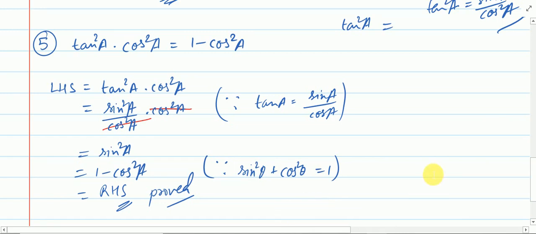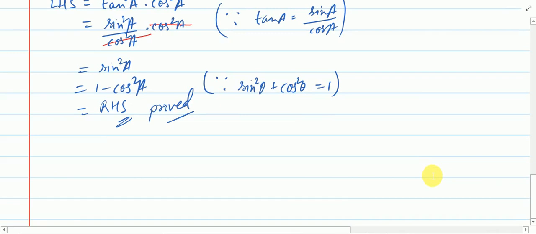Now let us see question number 6. Question number 6 is this: tan theta is equal to sin theta upon 1 minus sin square theta.